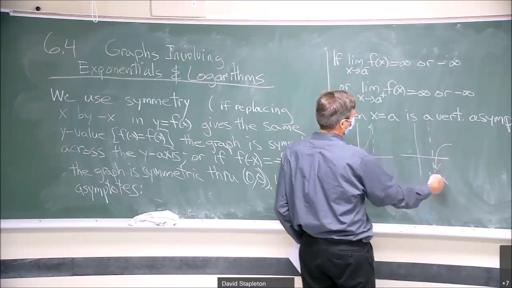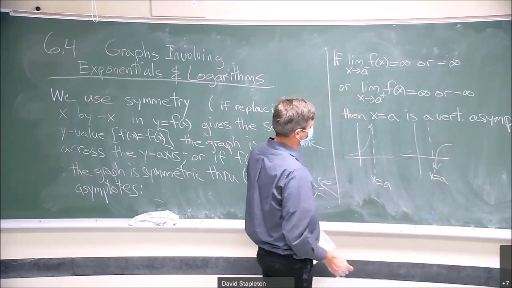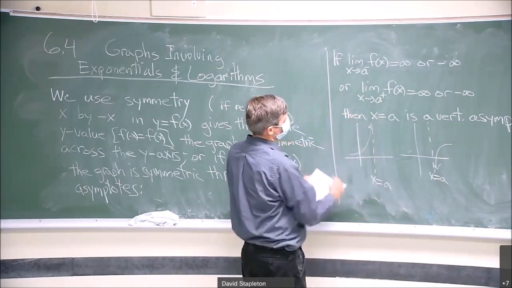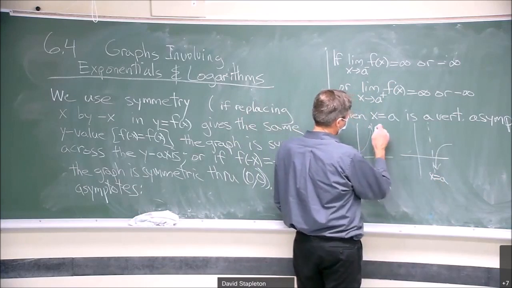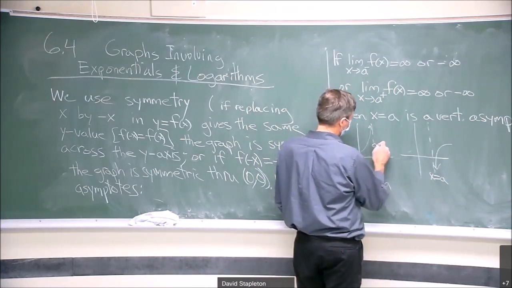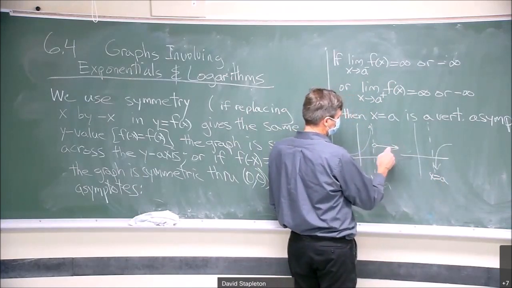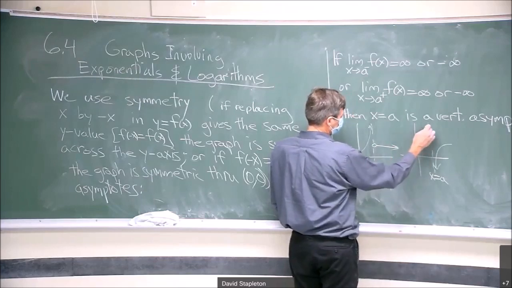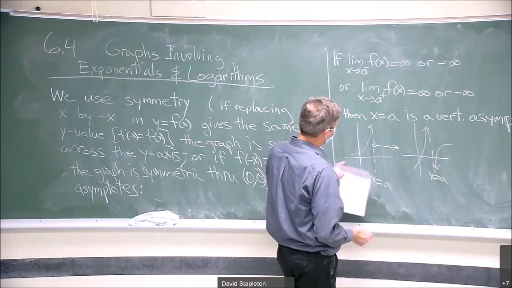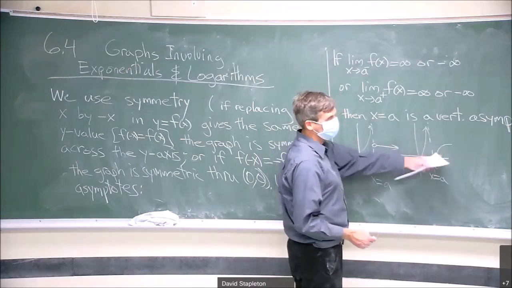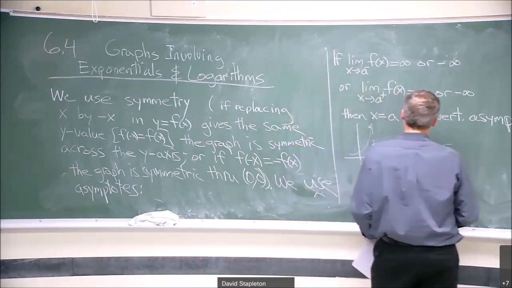Then there's an asymptote right here at x equals a. And you can approach one side infinity and the other side minus infinity or whatever. Doesn't matter what the graph does on the other side. It might not be an asymptote. This side might look like that. Or it might look like that. We still say x equals a is an asymptote if on one side at least, it goes up to infinity or down to minus infinity. So that's asymptotes.